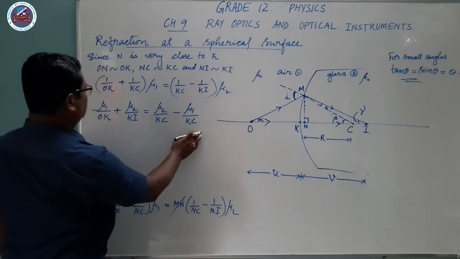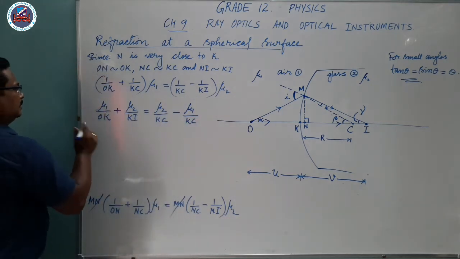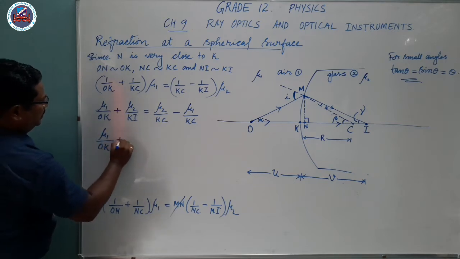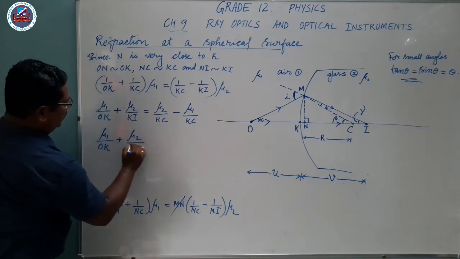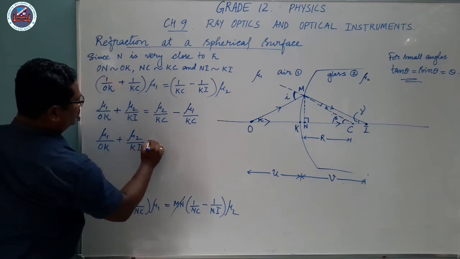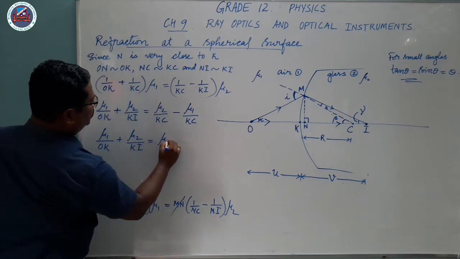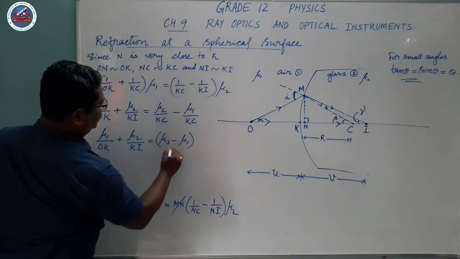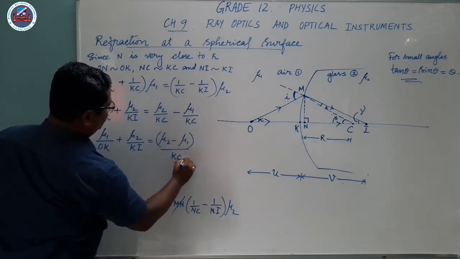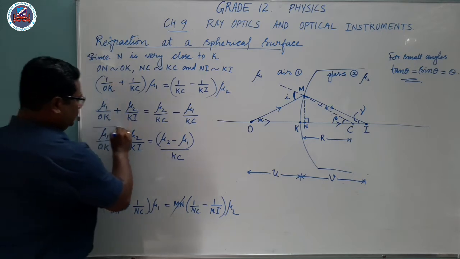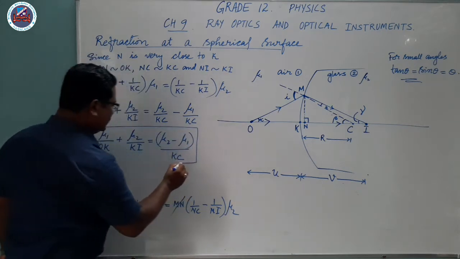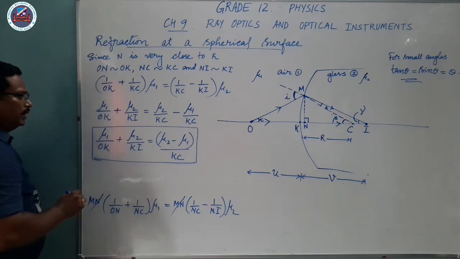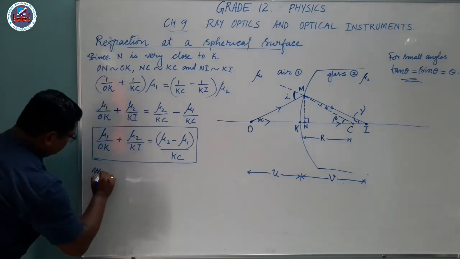The common terms will keep on one side. Then you'll get mu1 by OK plus mu2 by Ki is equal to mu2 minus mu1, and Kc is common. So this relation is also necessary while deriving the lens maker's formula.